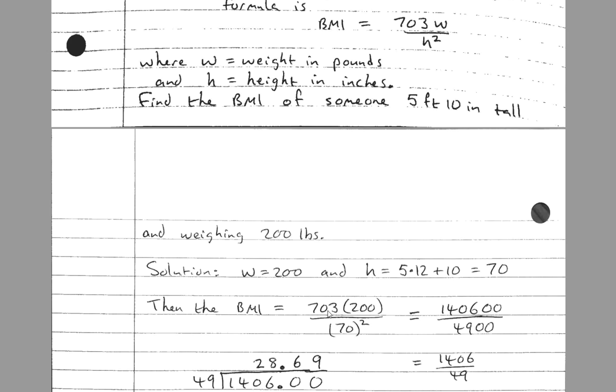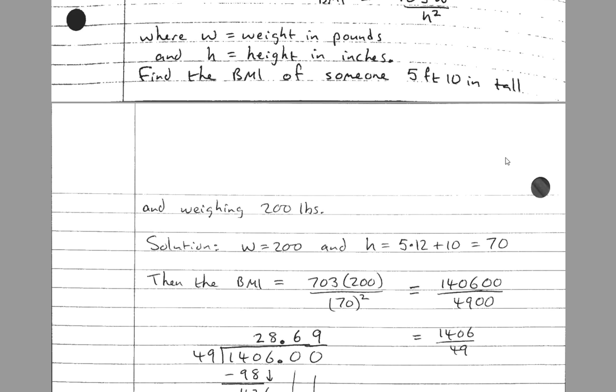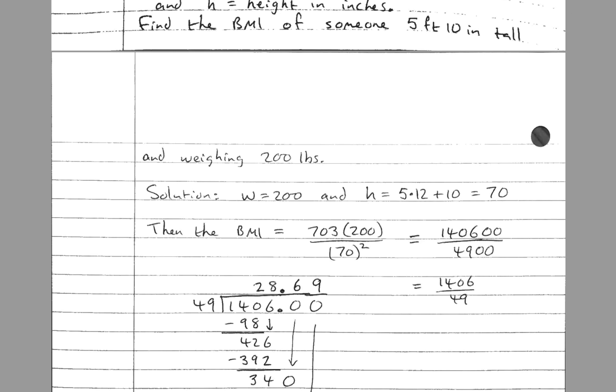On the top, it's 703 times 200. These are easy to multiply. We can reduce this fraction, so divide top and bottom by 100. So slightly easier, 1406 over 49.